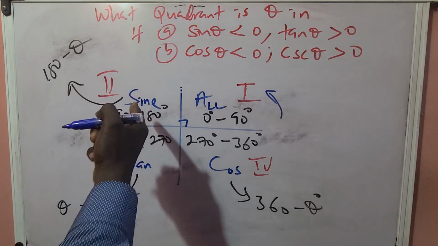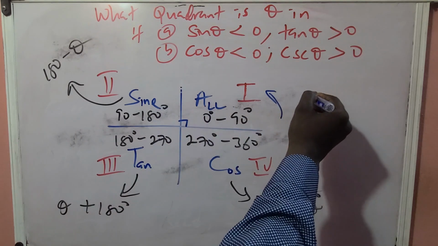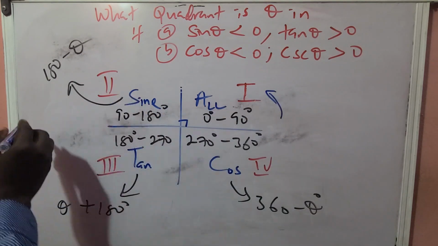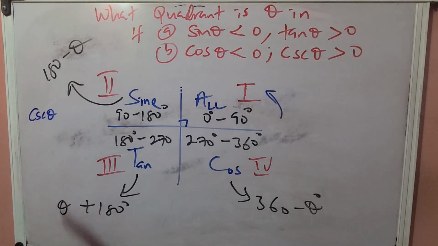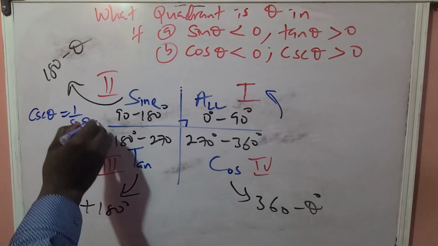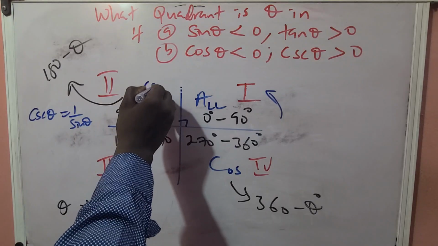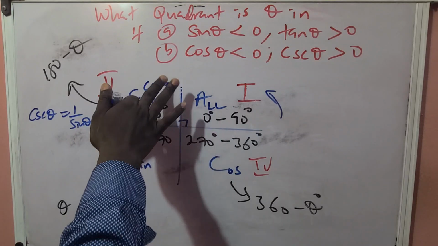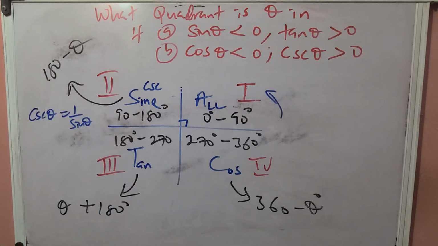Cosec theta, if you remember from our last video, is equal to 1 over sine theta, often written as CSC. So the cosec is positive in the second quadrant.